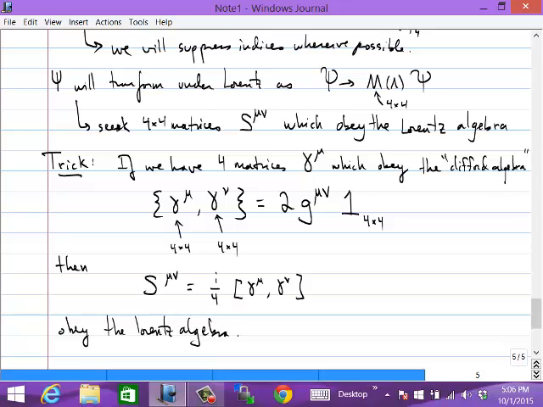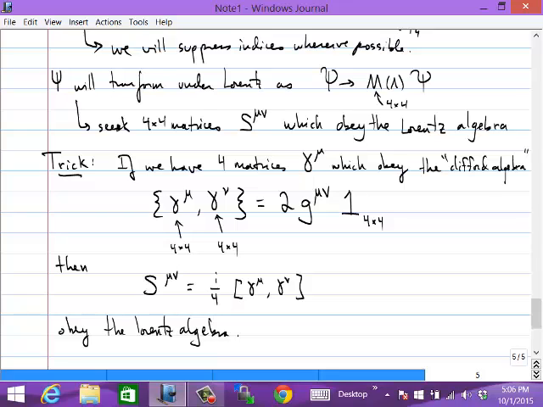That's just some mucking around with commutators. So S mu nu is a commutator. You take the commutator of 2 of these S mu nus, so a commutator of 2 commutators, and you write it all out. You get a bunch of products, you use this Clifford algebra, and it's not hard to see that these obey the Lorentz algebra.